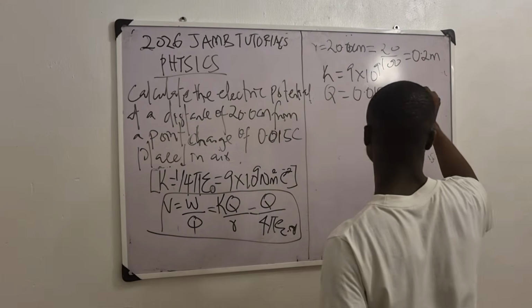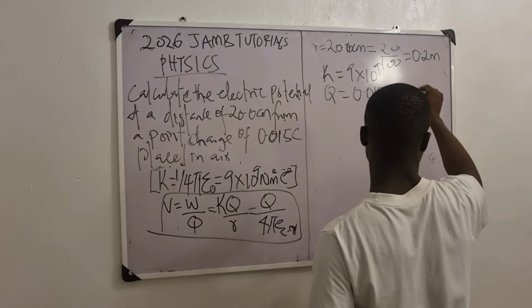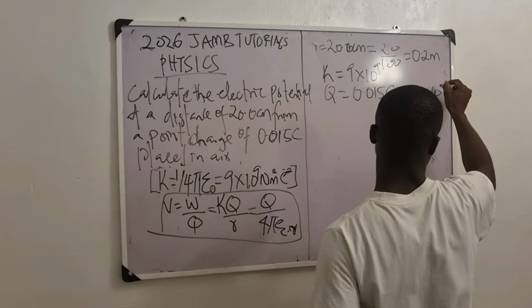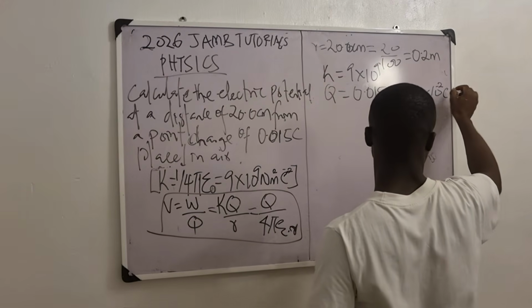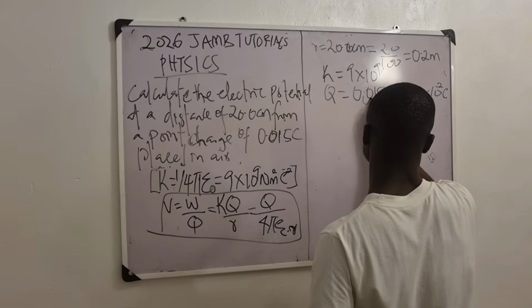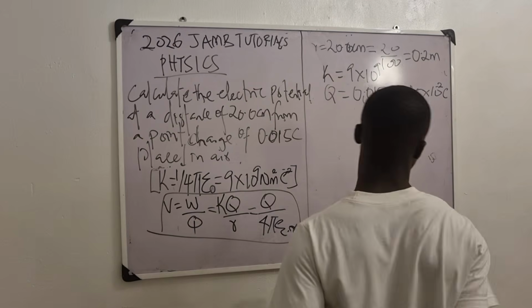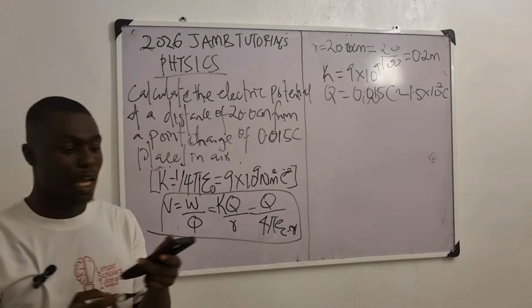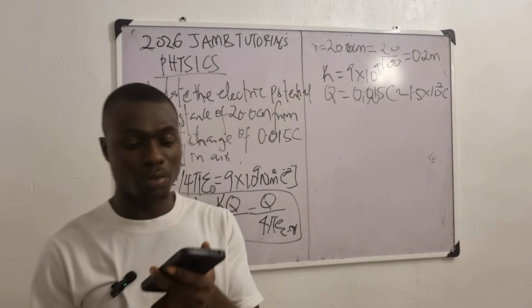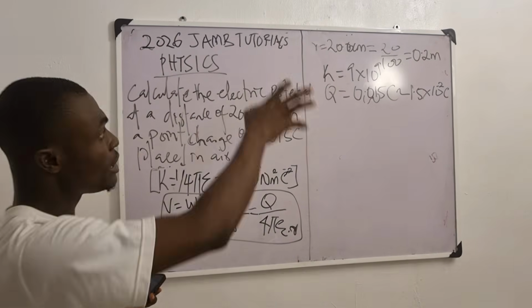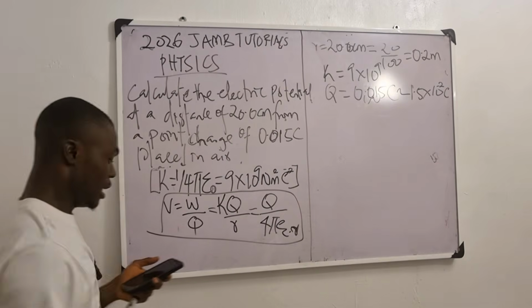We can convert it to 1.5 times 10 to the power minus 2 coulomb, because there are 2 zeros after the decimal point. So it becomes 1.5 times 10 raised to the power minus 2 coulomb.